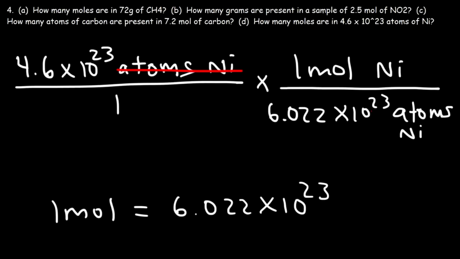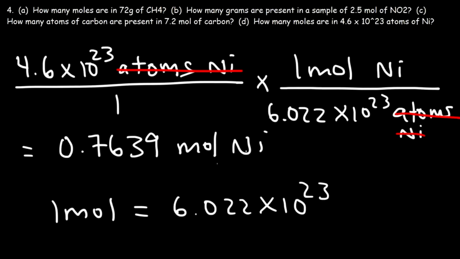So these units will cancel, and now we're going to get what's left over, the unit on the top, that is moles of nickel. So this time, because we have a number on the top and one on the bottom, we need to divide instead of multiplying. So it's 4.6 times 10 to the 23 divided by 6.022 times 10 to the 23. And so you should get 0.7639, if you round it, moles of nickel. And so that's it for this problem.